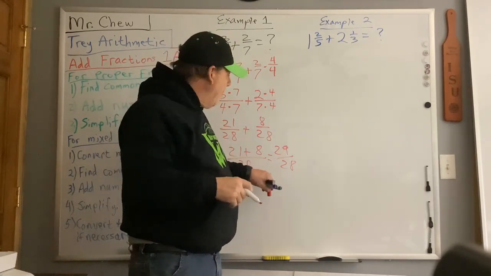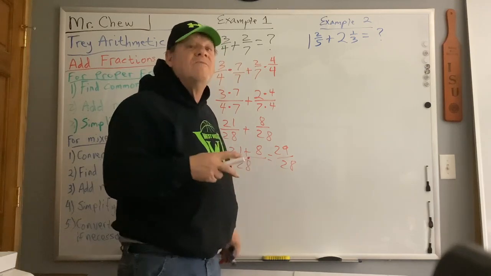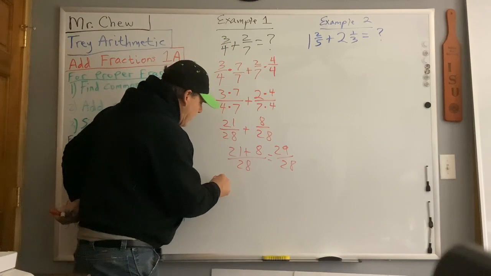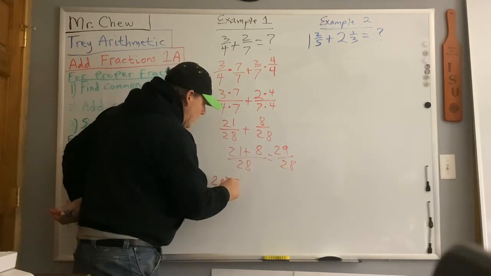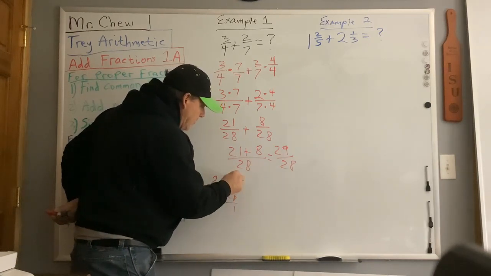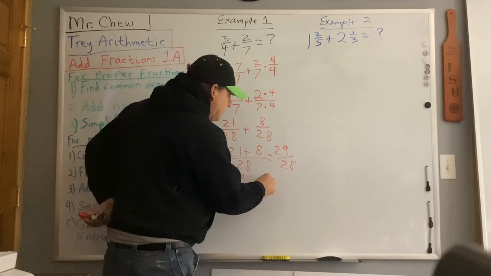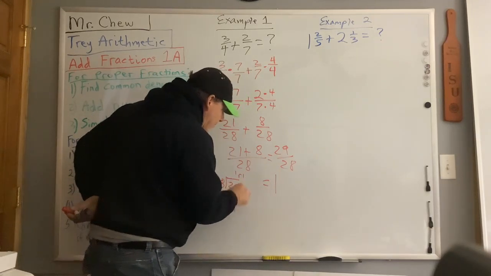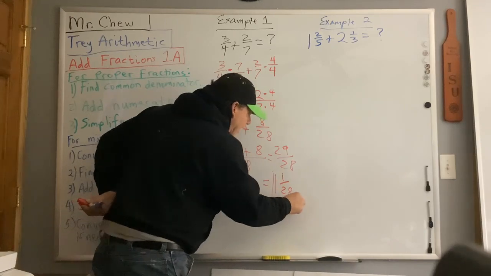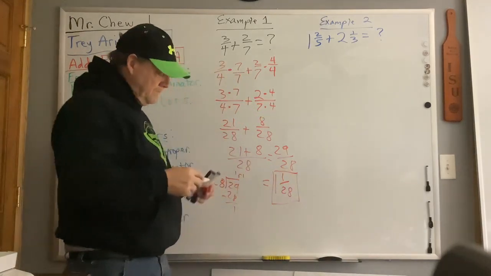Since it's an improper fraction, I have to convert it back to a mixed number. And the way I do that, I just take my 28 divided into 29. That goes one time. Remainder 1. So the answer is 1 and my remainder over the denominator. And that is my reduced answer.